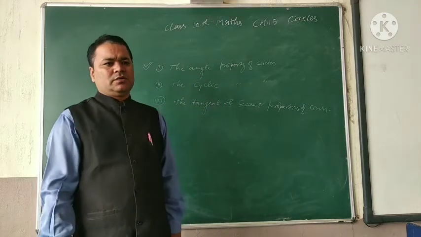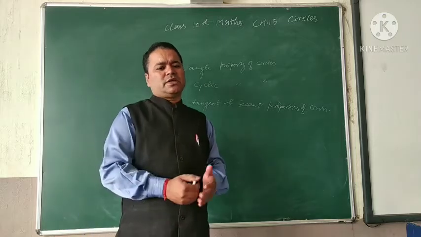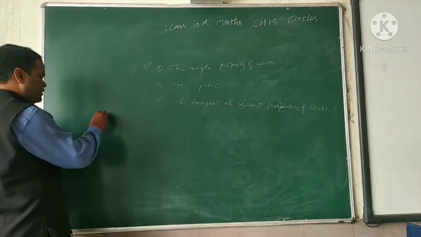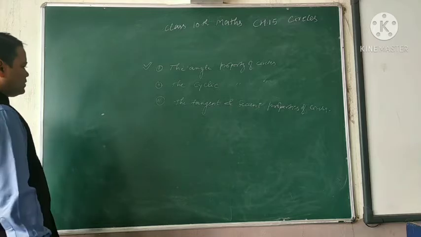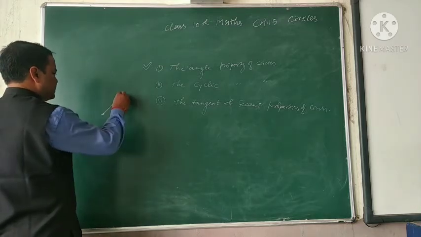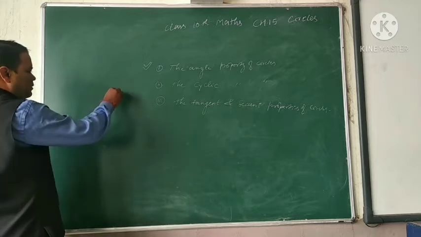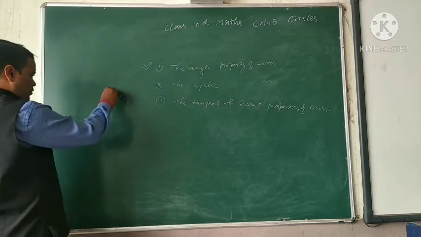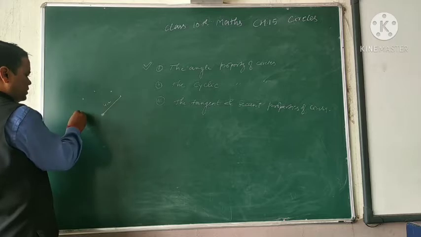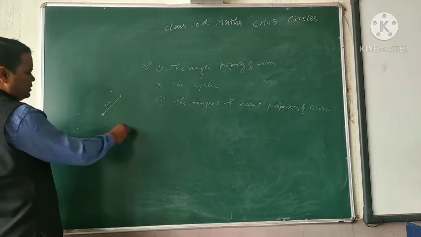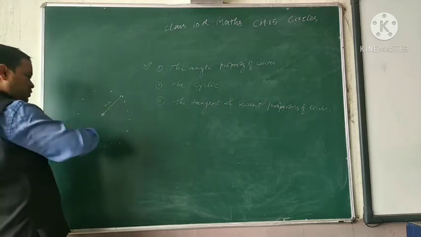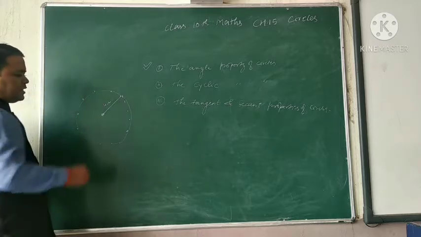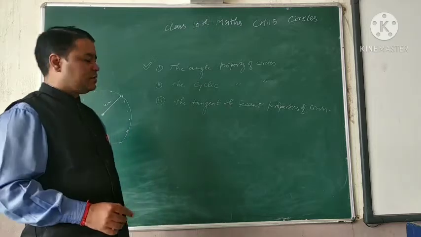But first of all, we should discuss the circle. What is a circle? Dear student, if we take any point here and then take points whose distance from this fixed point is 4 centimeter, and we join these points, the figure we get will be a circle.